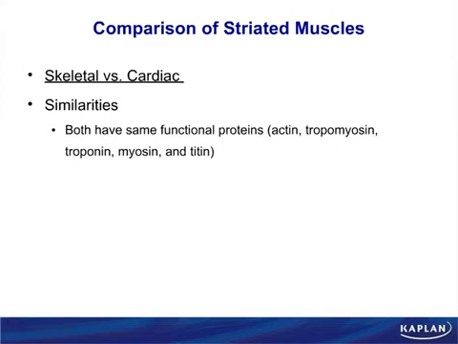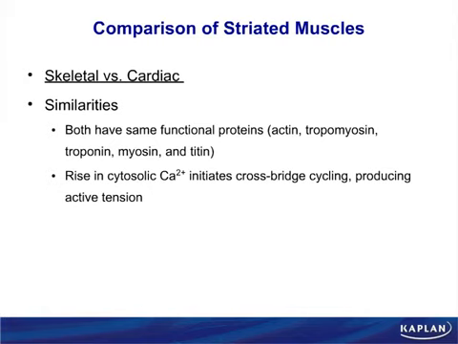A rise in cytosolic calcium initiates crossbridge cycling, which is exactly what we would predict. Since they both have troponin and tropomyosin, ATP plays the same role in both. It puts myosin in a high energy, high affinity state, and we need it to convert that chemical energy into mechanical energy.